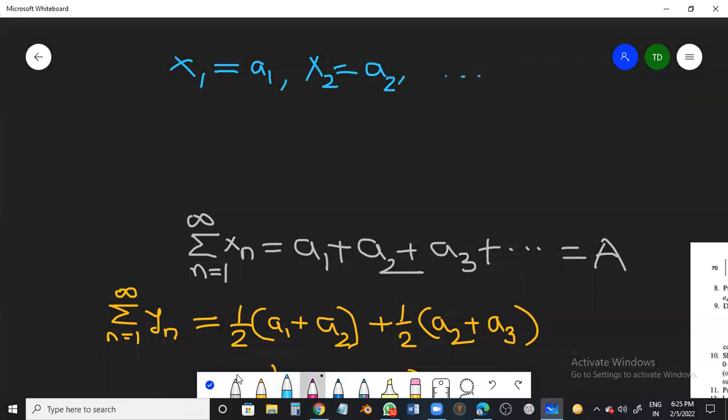Now I have defined summation yn in this way. So can you tell me what is y1? One by 2 of A1 plus A2. Yes, it's right. Means it is the average of A1 and A2. Can I say so? Yes. Going to y2, what it will be? A2 plus A3 divided by 2. Yes, it's right.